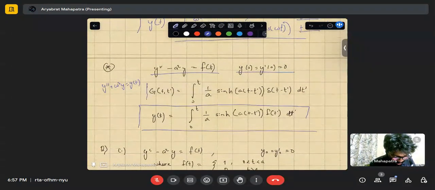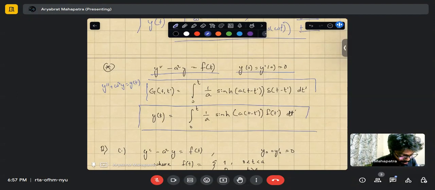In that case, for the Green function, you will follow the same process that we did earlier, right before our previous discussion, where we determined what the Green function was. That came out to be sine omega (t minus t prime) by omega. Here you have sine hyperbolic instead of sine omega, and here you have 1 by a instead of 1 by omega. So everything remains the same.